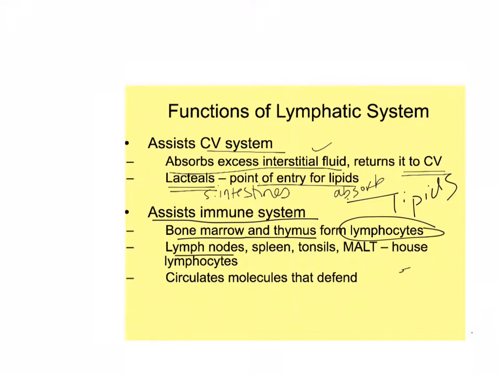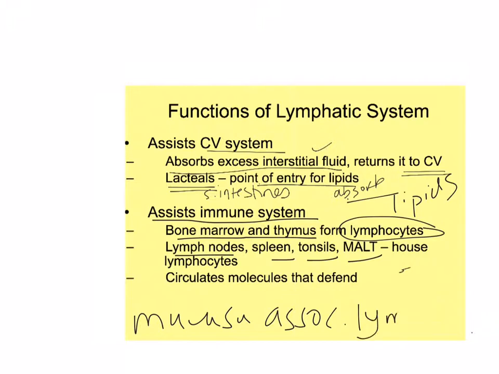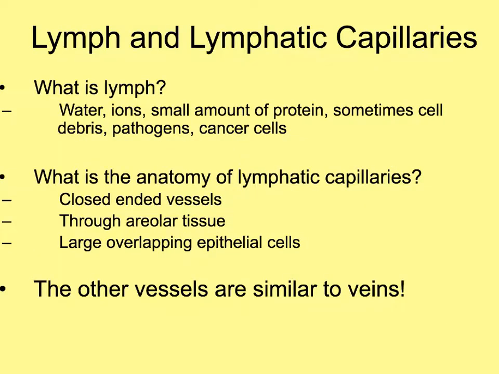The lymph nodes, the spleen, the tonsils, and the MALT, which is mucosa associated lymphatic tissue, is where the lymphocytes actually live. And then the lymphatic system will also help circulate some of the molecules or the chemicals that the immune system produces.